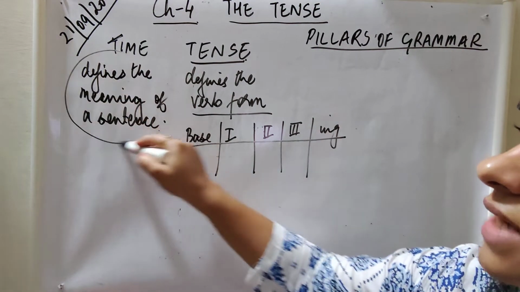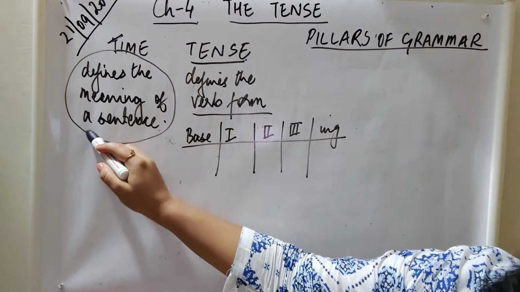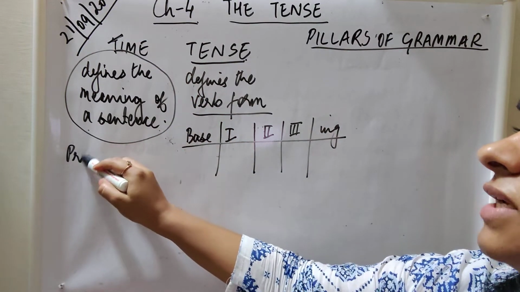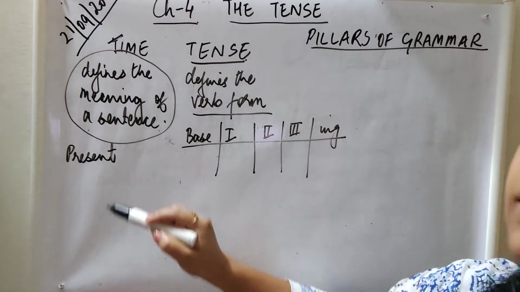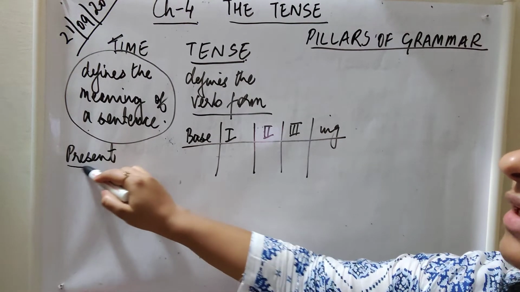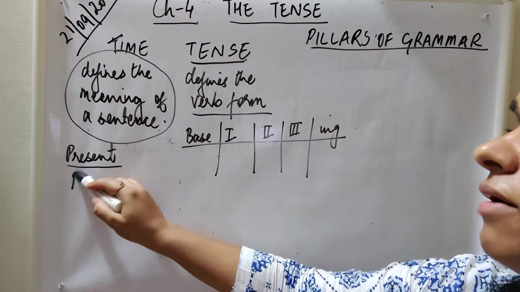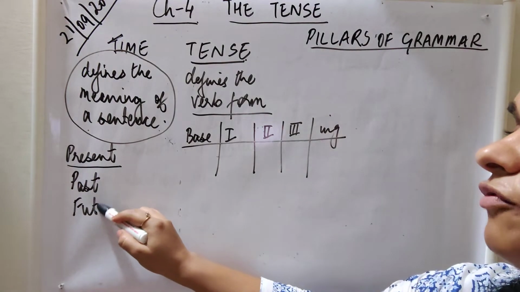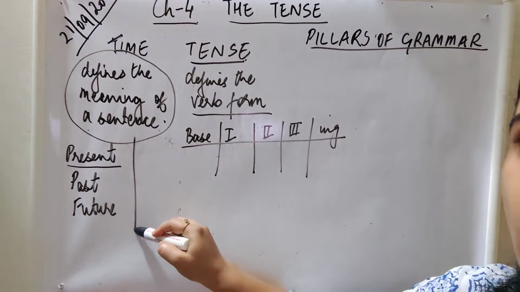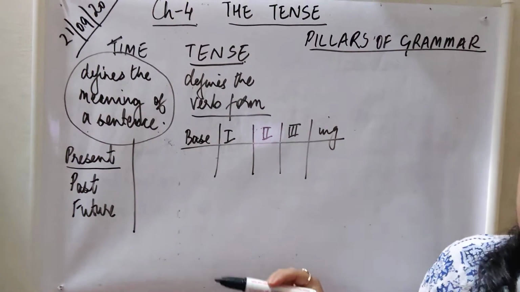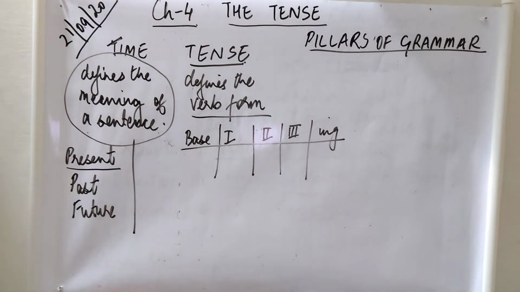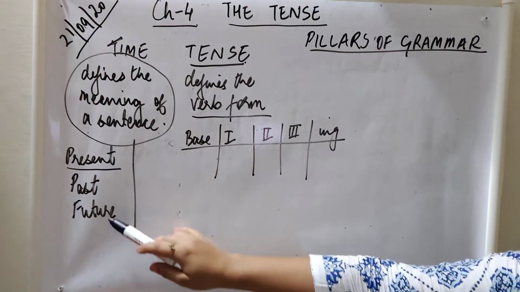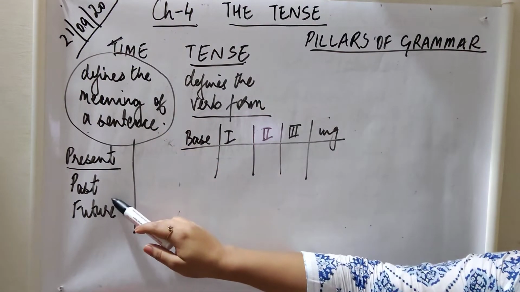Whereas for denoting time, we use three types: whenever we mean something, it is either happening in present, has happened in past, or will happen in future. So this is the time.